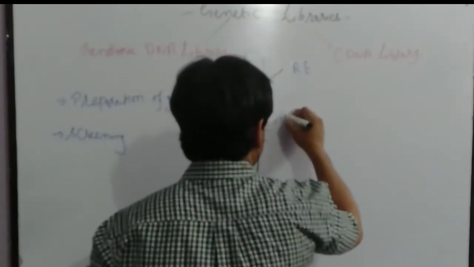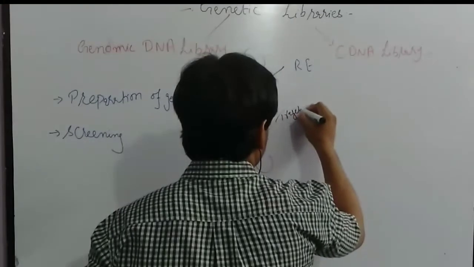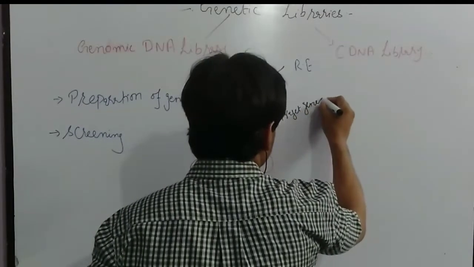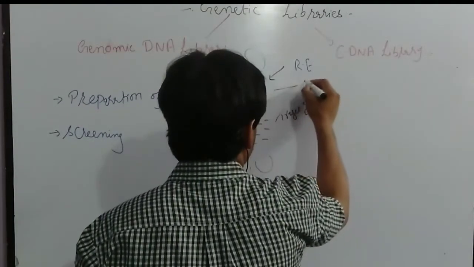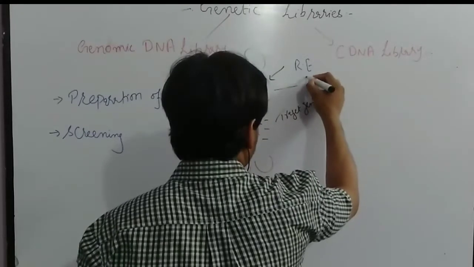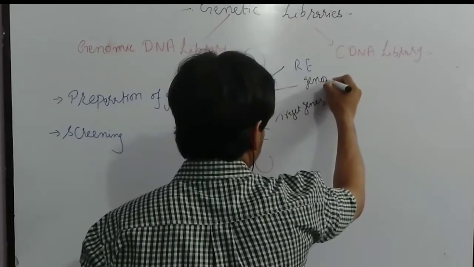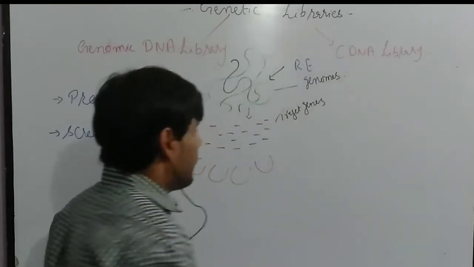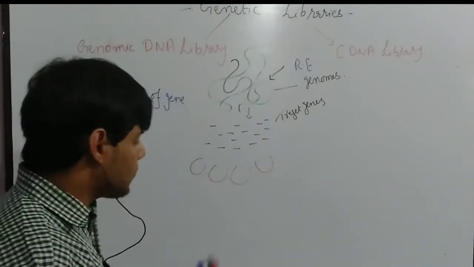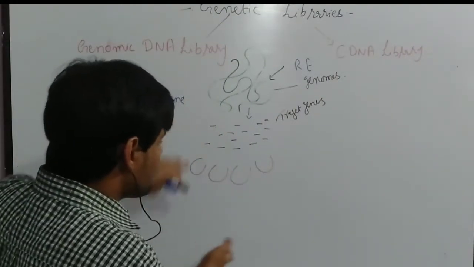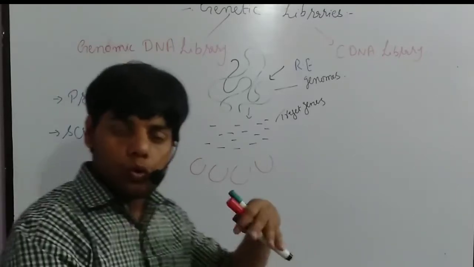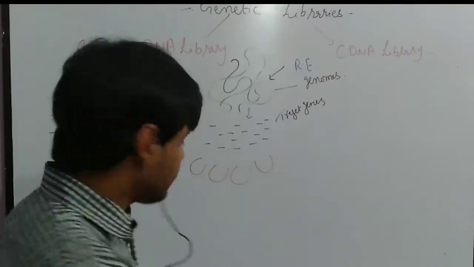These are the target genes, and these are the human genomes, let's say. After some time we allow the target genes and vector to combine with each other.